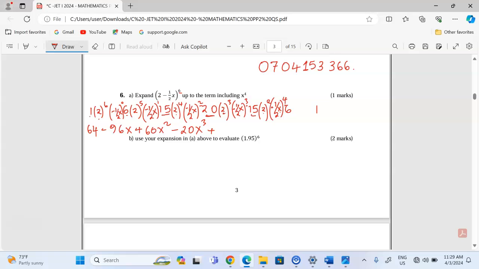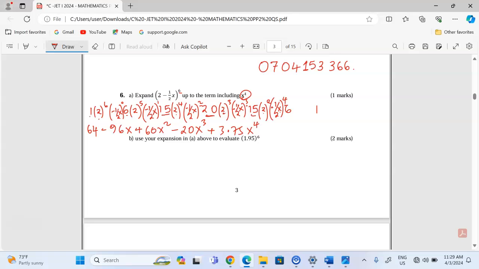So it will be 15 multiplied by 4 times 1 over 16, which is going to be 3.75 x power 4. So now we have expanded the expression up to the term containing x power 4.